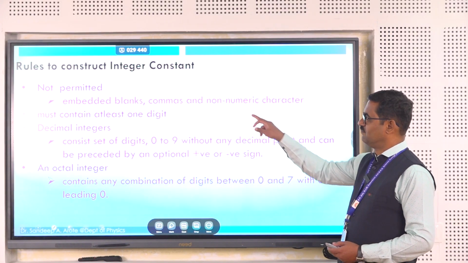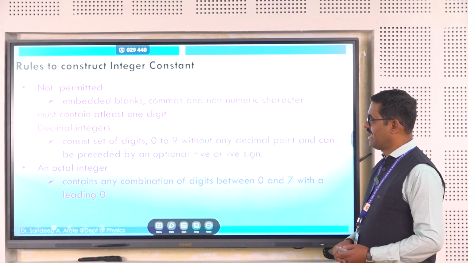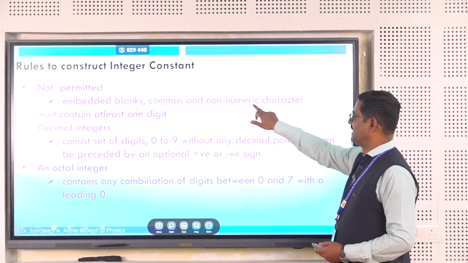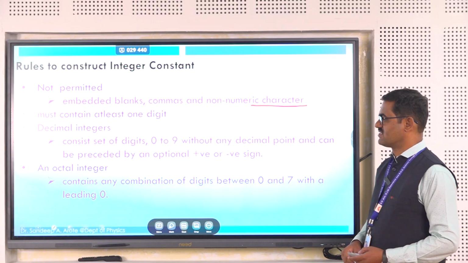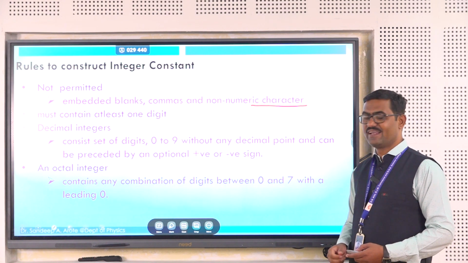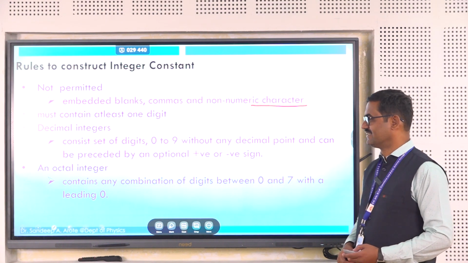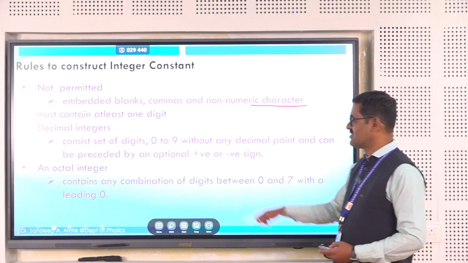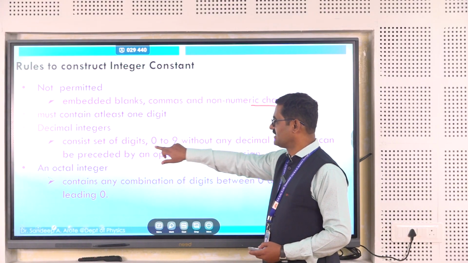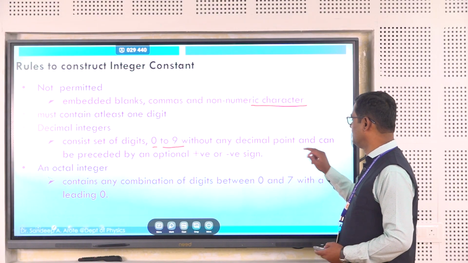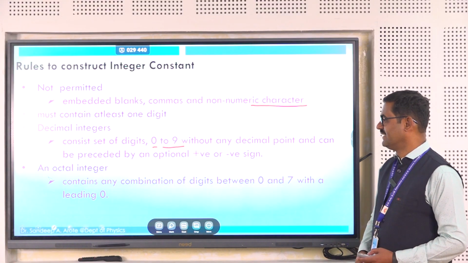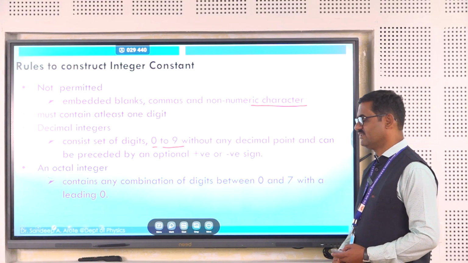The following things are not permitted: embedded blanks, commas, and non-numeric characters; these are not allowed in an integer constant. It must contain at least one digit, this is very important. A decimal integer constant consists of only a sequence of characters from 0 to 9 without any decimal point and can be preceded by an optional positive or negative sign.